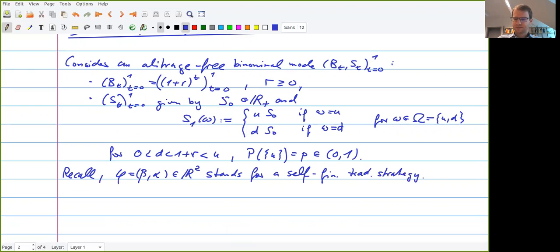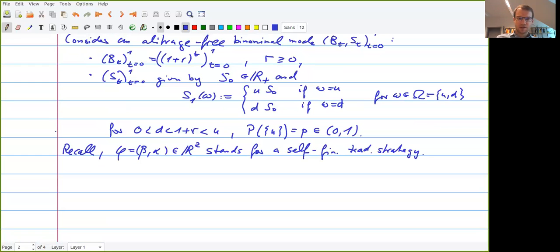Because I can only invest at time 0, and at time 1 my market is gone, I don't need to talk about predictable processes. This is my predictable process with one element, one time step. So that's my investment at time 0.